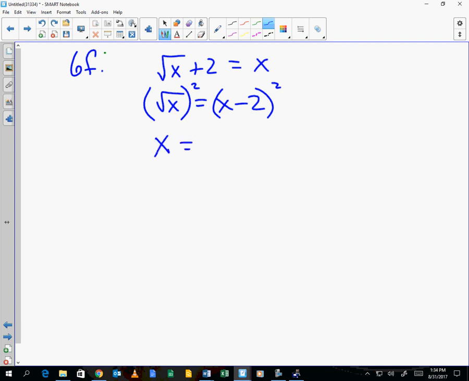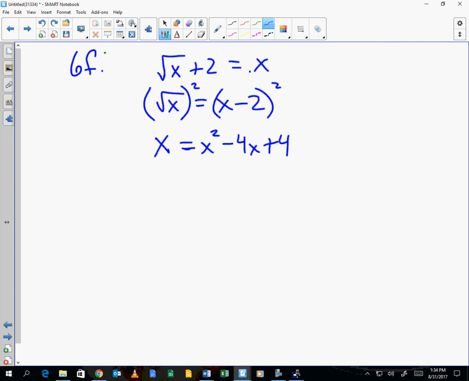And what do I get if I square x minus 2? Good. Now, pay attention. The largest degree here is 1. Now the largest degree is 2. You maybe added a solution that shouldn't be there. We run the risk of adding something that doesn't work out.